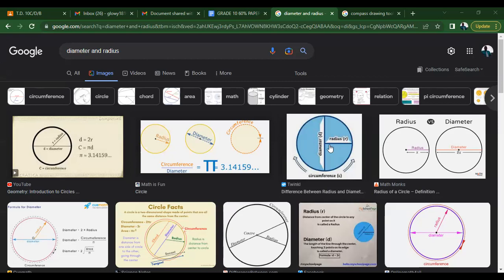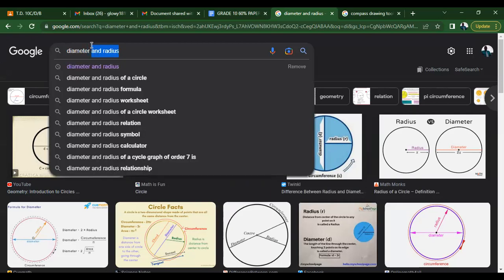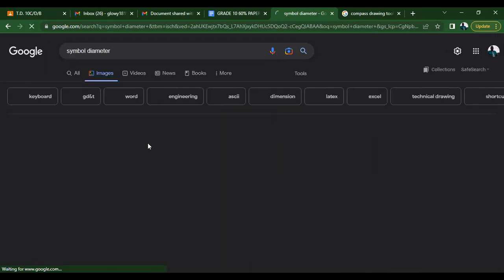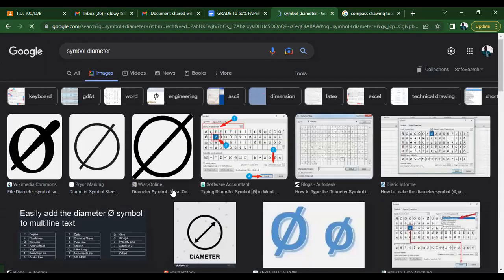For diameter, it is a line with a two-sided arrow, an arrow on both ends of a line that runs through the center of a circle and touches the circumference on both sides, right? And the symbol for a diameter is basically the cancellation sign, which is just a circle with a strike through. See? Symbol for diameter.